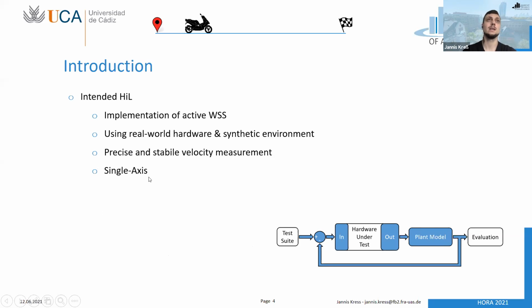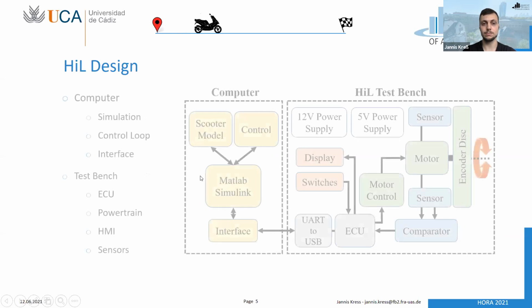Imagine normally on motorbikes, or when it comes to automobiles, we have 4 axes or 2 axes, and we can just get the speed out of these 4 measurements. In this case, I just wanted to get that precise and stable measurement from only one single axis on a motorbike, or more precisely, the scooter.